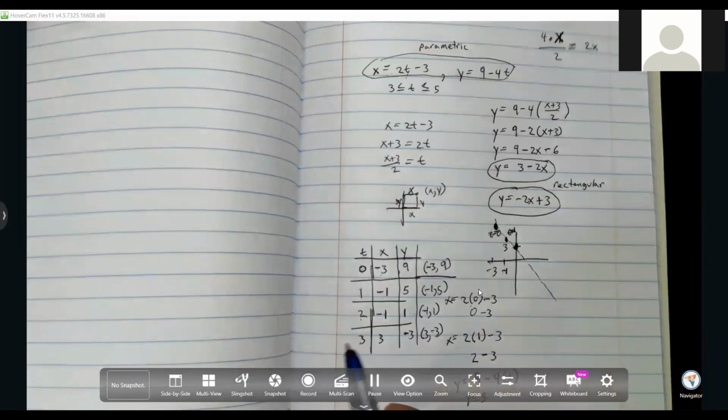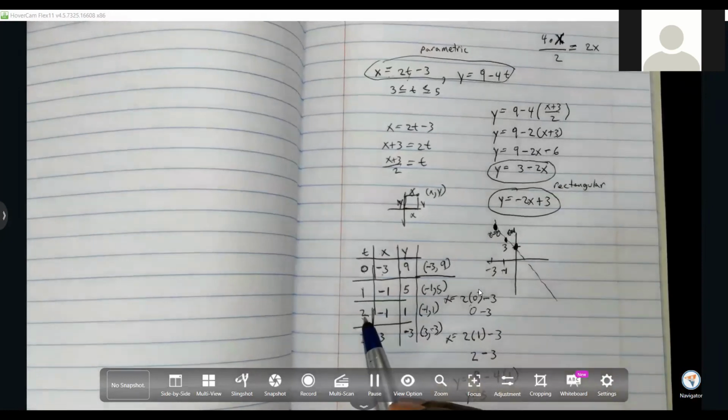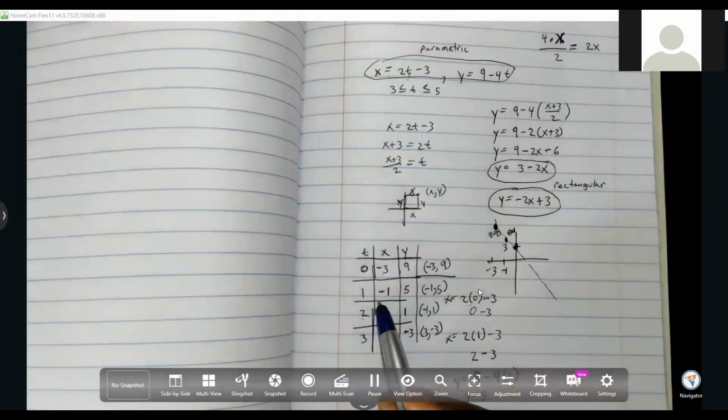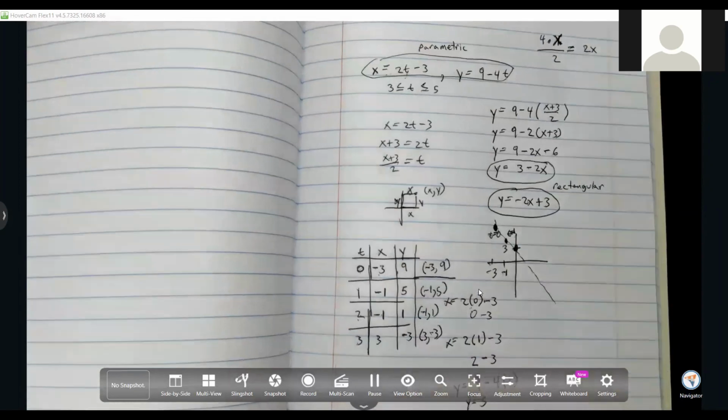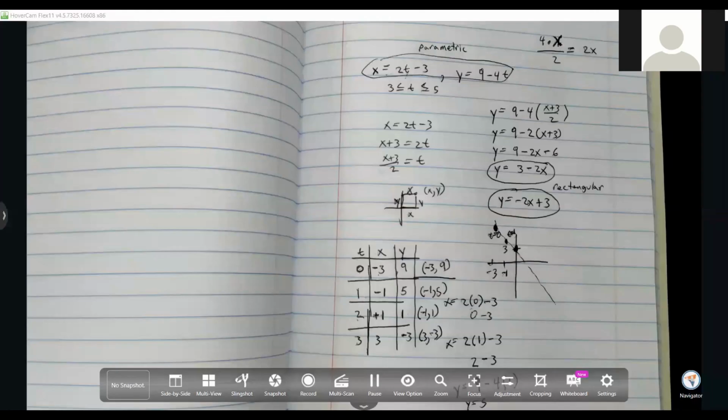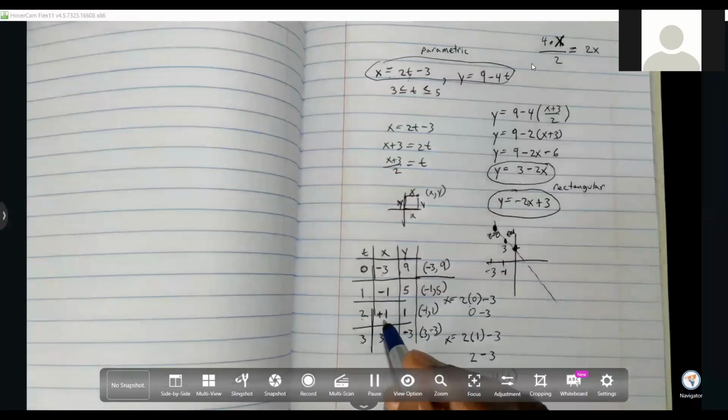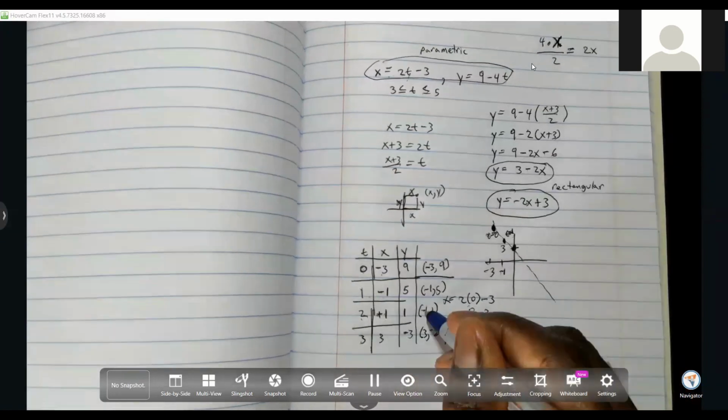Wait a second, that can't be right. So yeah, this was supposed to be a +1. Does that make sense? Yes. Okay, so it's a +1.